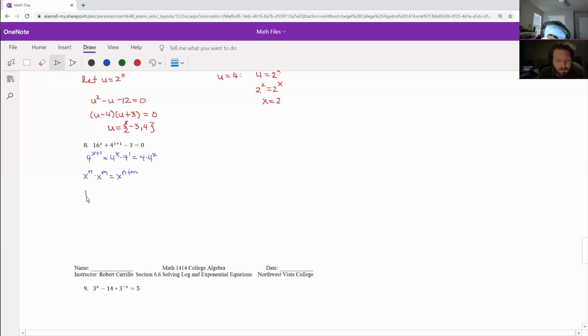So let's let U equal 4 to the x. Then we get U squared plus 4 times U, right? Because 4 to the x plus 1 is equal to 4 times 4 to the x. So U squared plus 4u minus 3 equals 0.